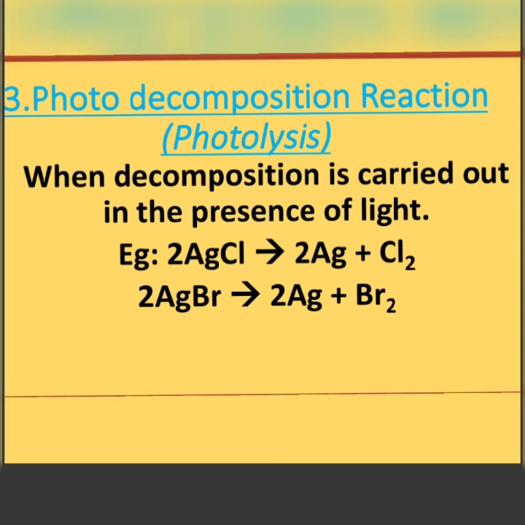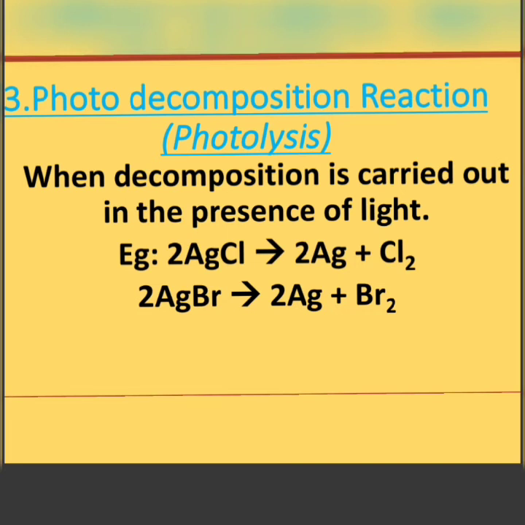When silver chloride decomposes in the presence of sunlight, it decomposes into silver and chlorine. Silver chloride is white in color, and in the presence of sunlight it turns gray. So this is a photodecomposition reaction.